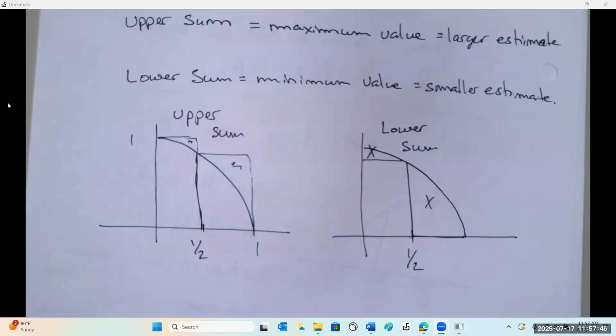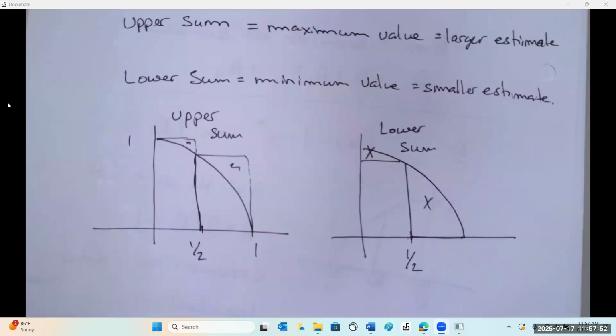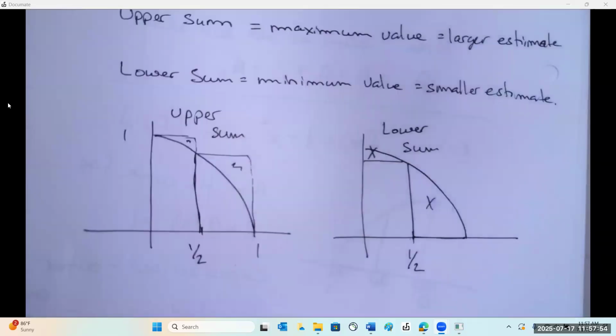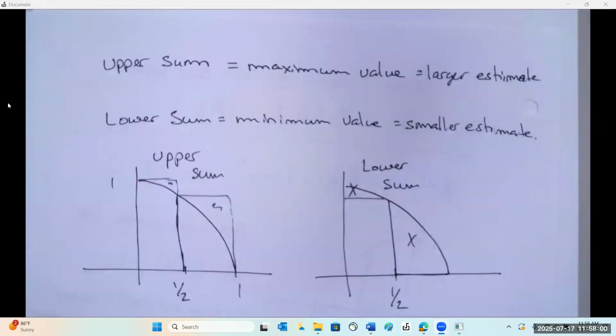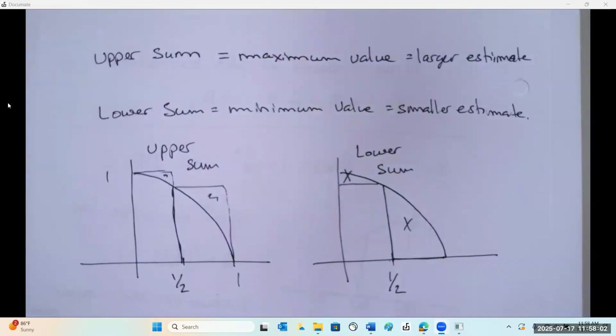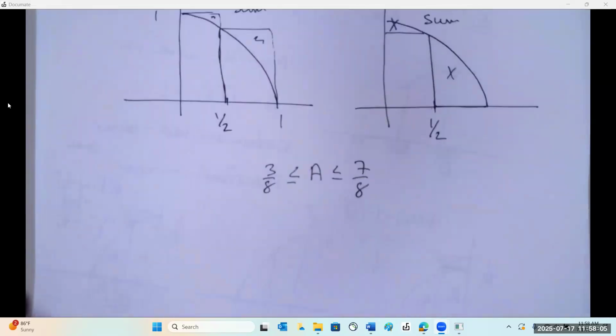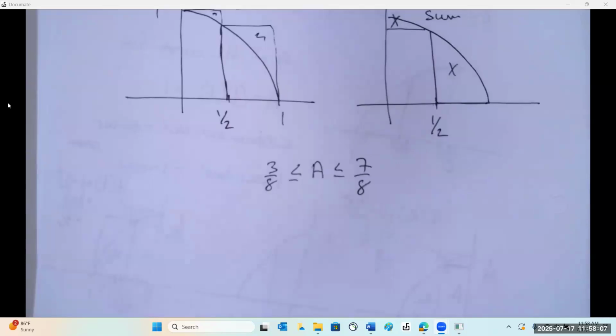Because what we're trying to do is, how do we make that better? Because remember, our upper sum, what were the numbers? Our upper sum was 7/8, and our lower sum was 3/8. Can we make our values closer together? How? Making more rectangles. Yes.